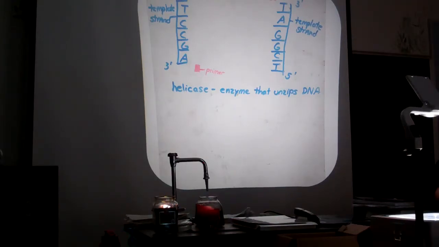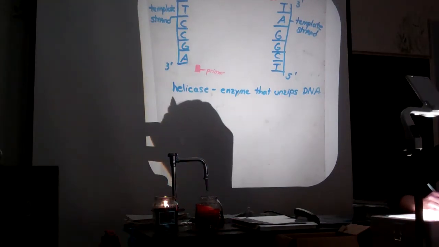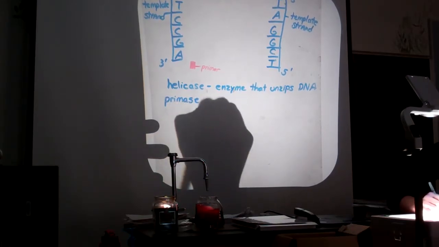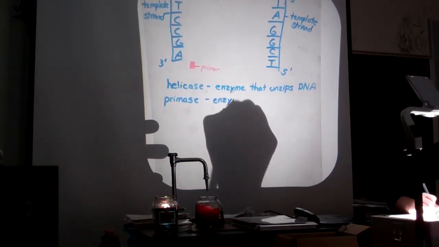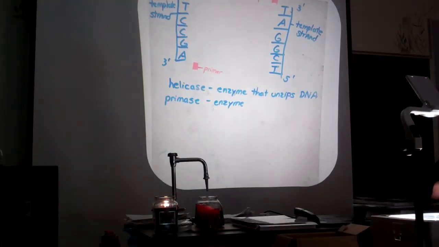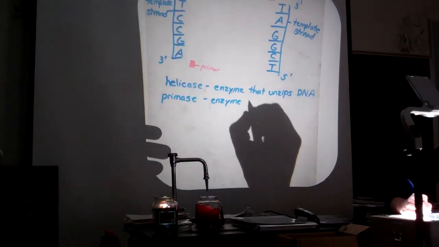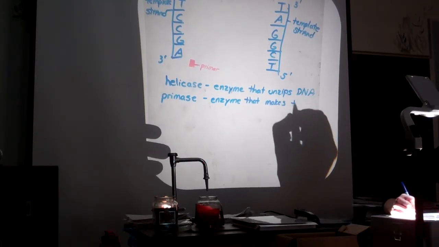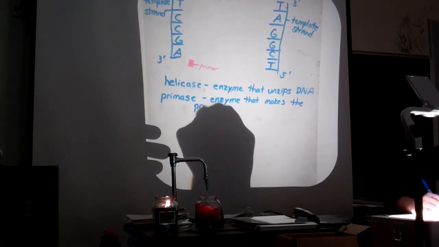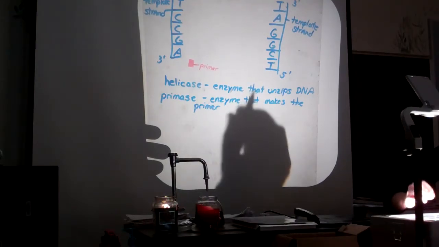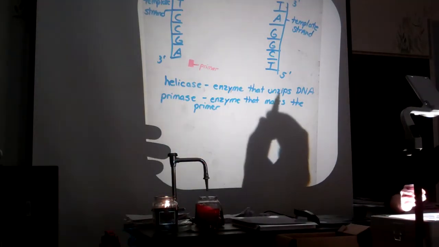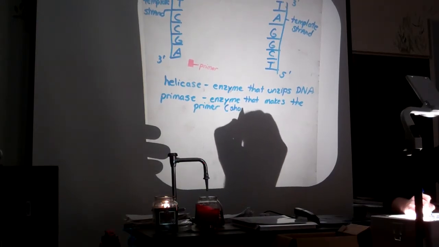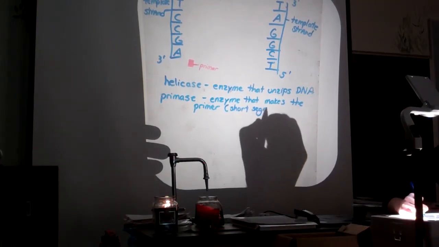By the way, there's another enzyme here I want to talk about. There's an enzyme called primase. It's the enzyme that makes the primer. And just so you know what it physically is, a primer is actually a short segment of RNA.